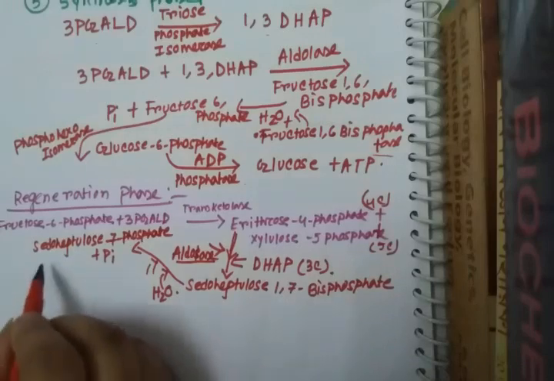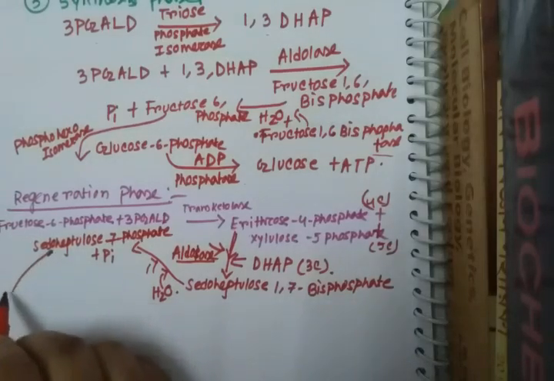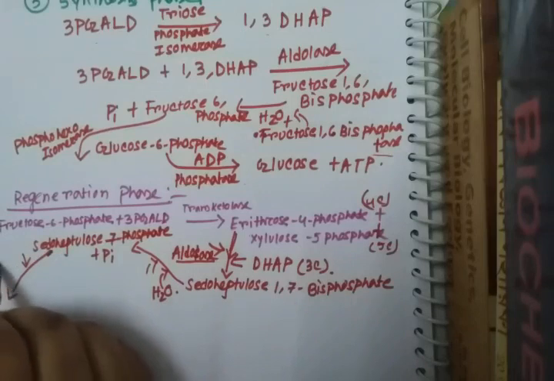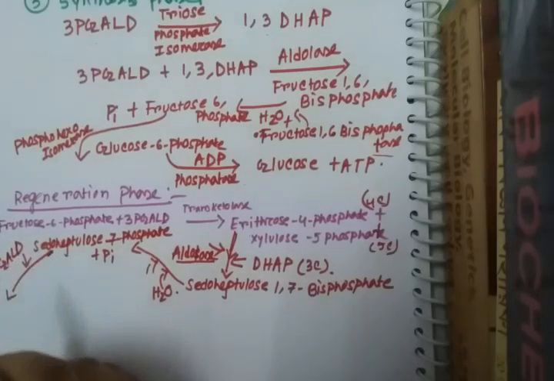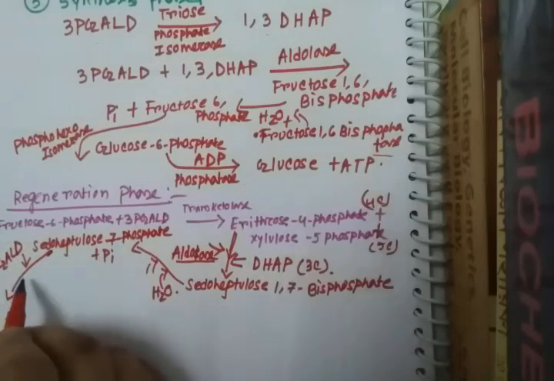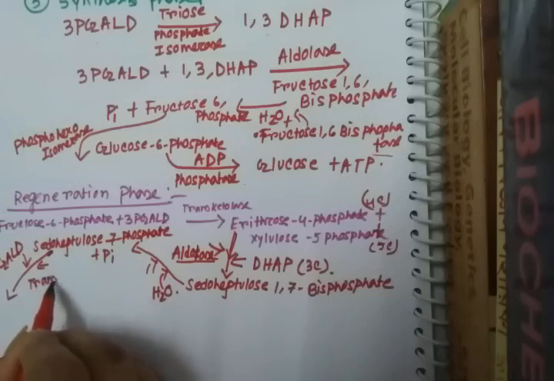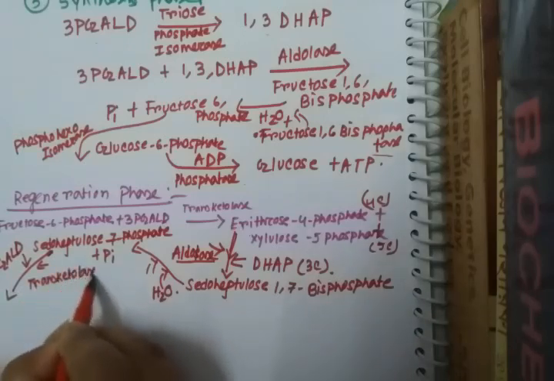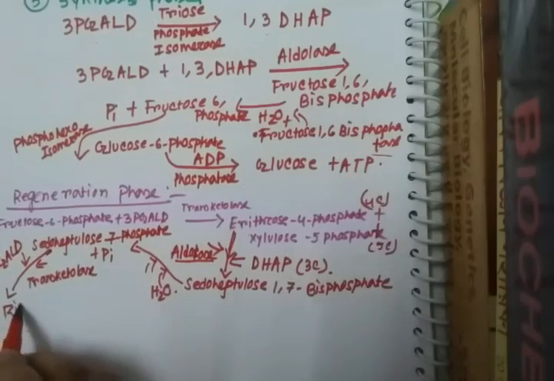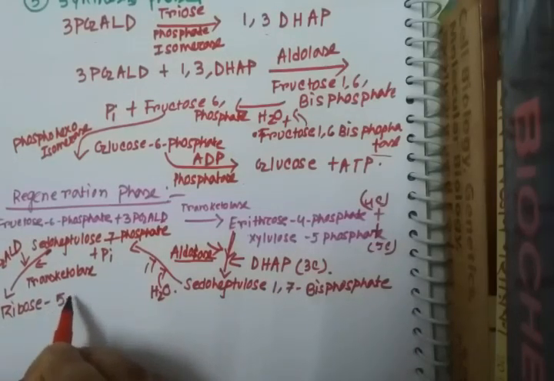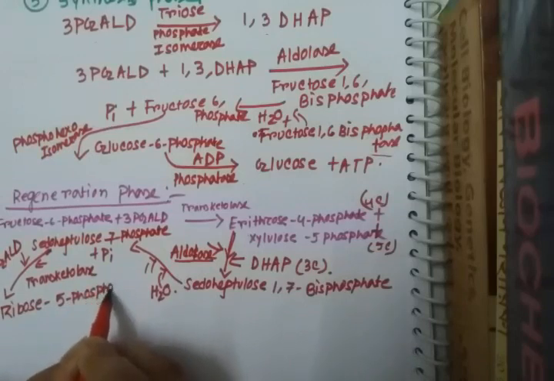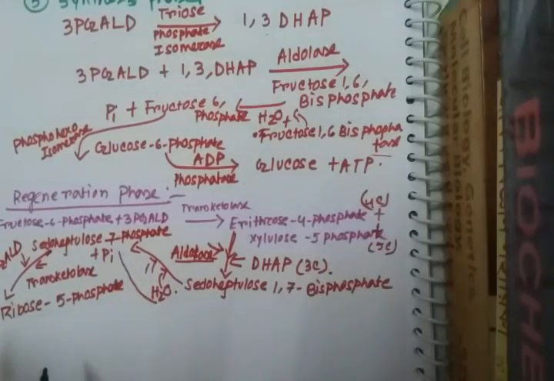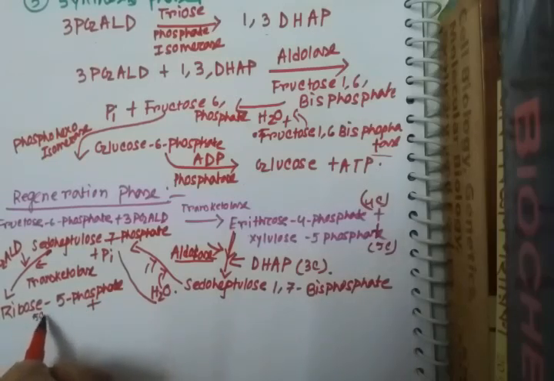And in the next step, the pseudoheptulose 7-phosphate with the help of PGALD, that is phosphoglyceraldehyde, and with another enzyme, transketolase, will form ribose 5-phosphate, and also another 5-carbon compound, that is xylulose 5-phosphate.